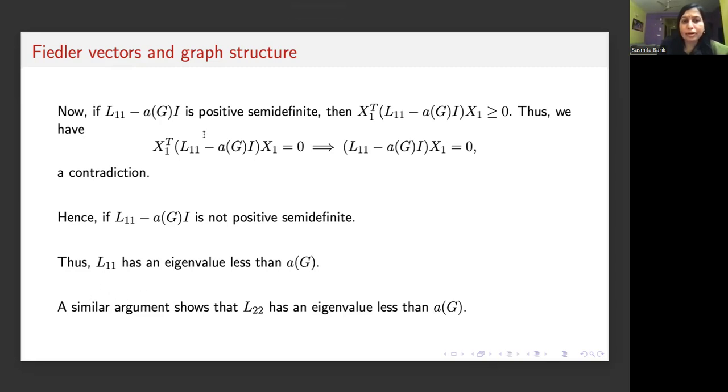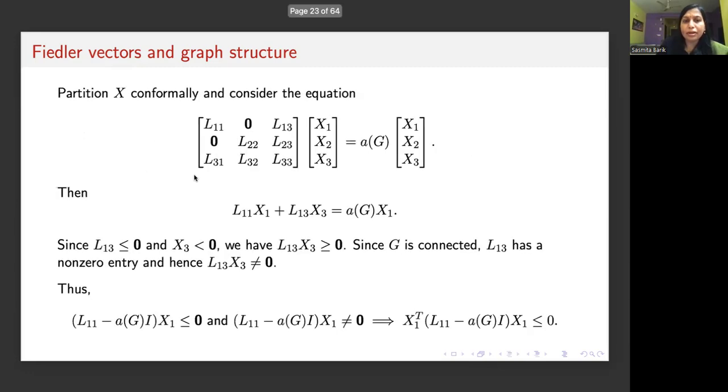in a similar way, with the argument I used for L11, you can see L11 and L22 both behave the same way.